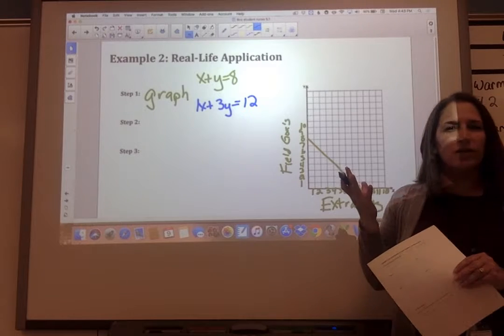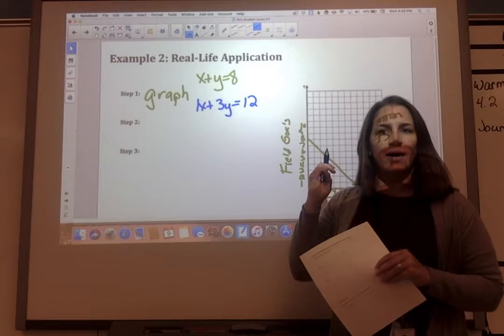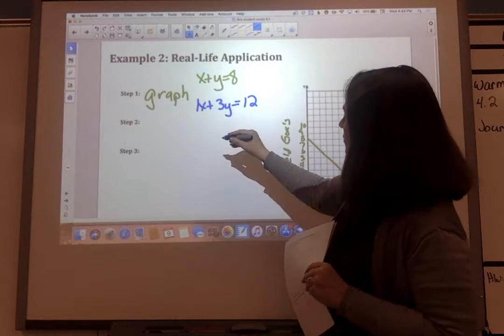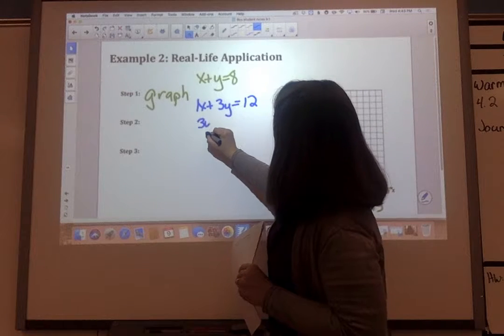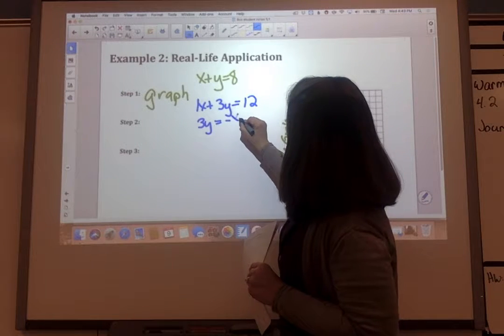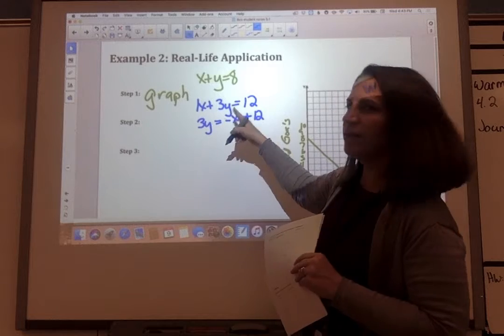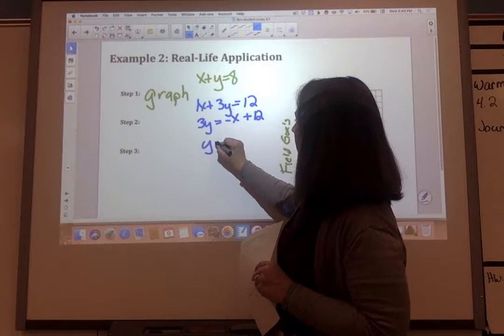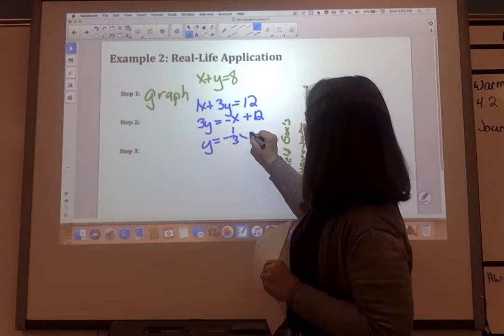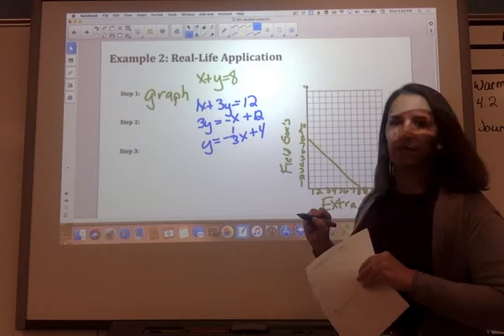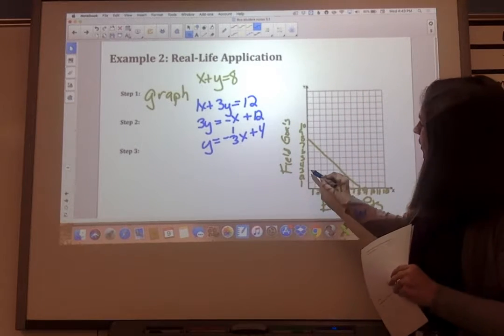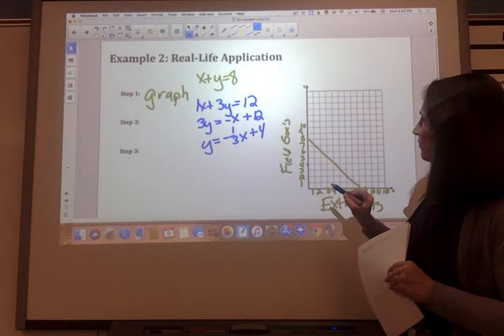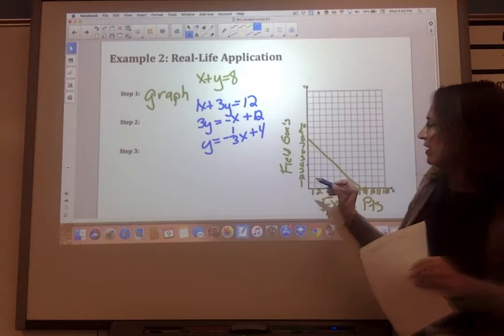This one might be a good one to put into slope-intercept form. So I'm going to rewrite this as 3y equals negative x plus 12. Divide both sides by 3, we get y equals negative 1/3 x plus 4. That makes it a little bit easier to graph. So we know our y-intercept is 4. And then we have a slope of negative 1/3.